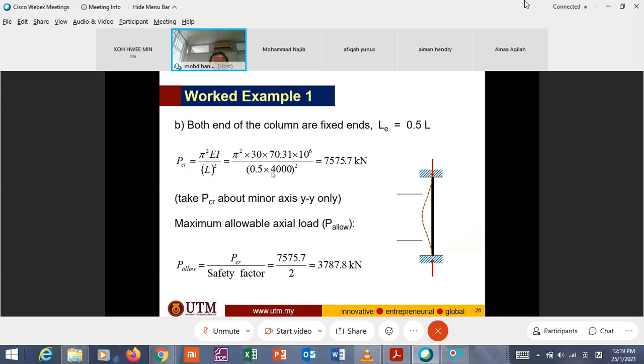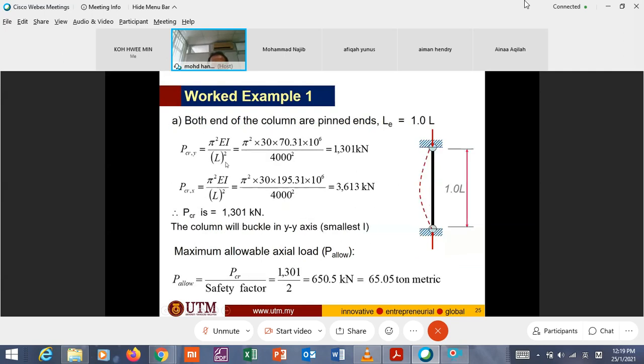Now, in this calculation for B, I calculate only for the minor axis. I didn't calculate for the major axis because we know already from our experience that the buckling will be about the minor axis.